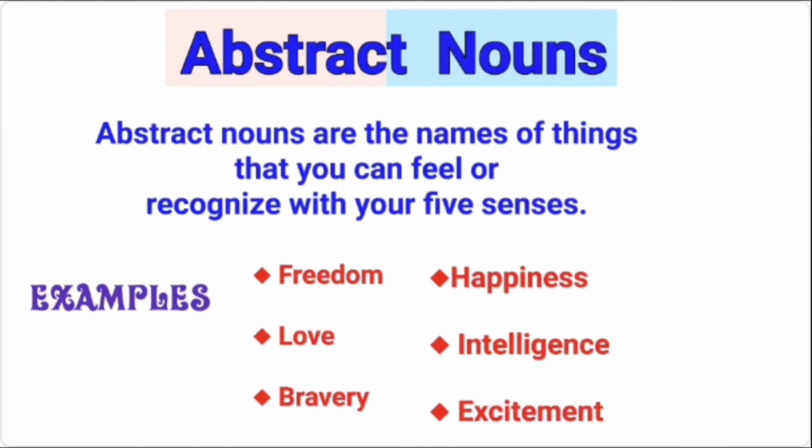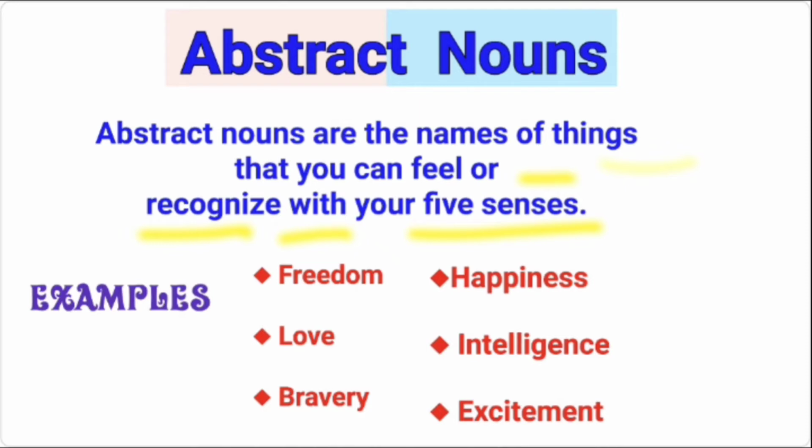Next definition is abstract nouns. Abstract nouns are the names of things that you can feel or recognize with your five senses. You know very well your five senses, and whatever we can feel by our five senses is called an abstract noun.